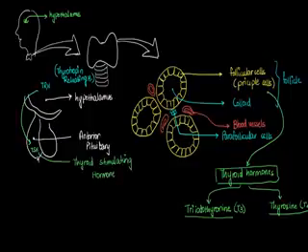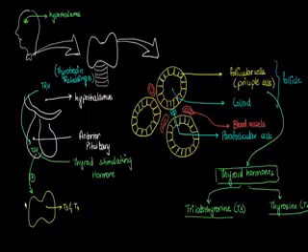Now the thyroid stimulating hormone has a positive or a releasing effect on the thyroid gland. So it acts on the thyroid gland, which in turn produces T3 and T4.